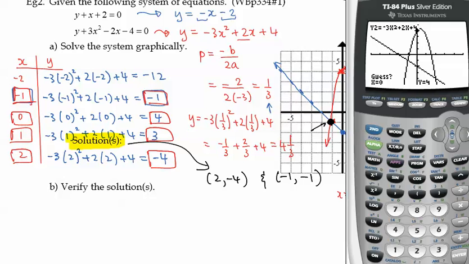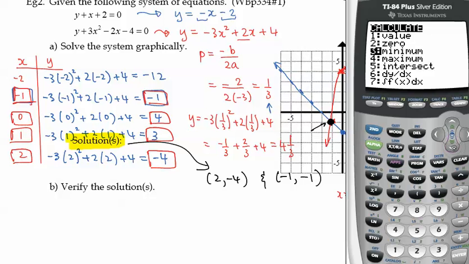Now on your screen, it comes with two intersections. There are two solutions on your graph. You can now move your cursor to the point where you want to find and get your calculator to estimate the solution to you. Negative 1, negative 1. And if you want to find the solution on the right-hand side, you will redo the same process.